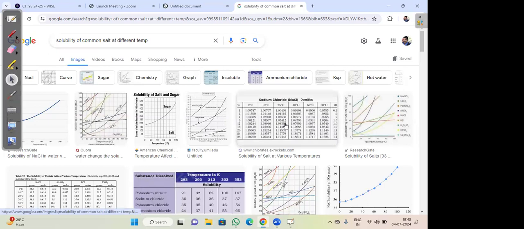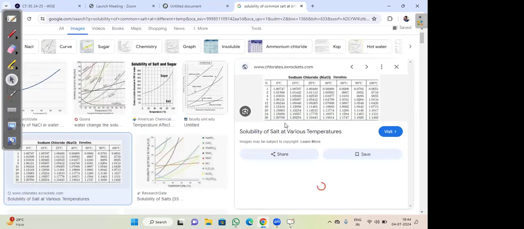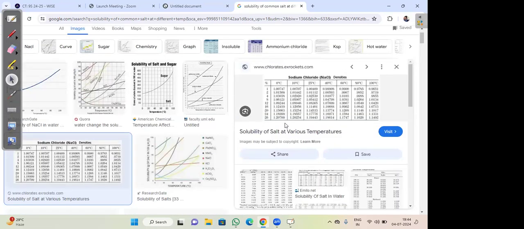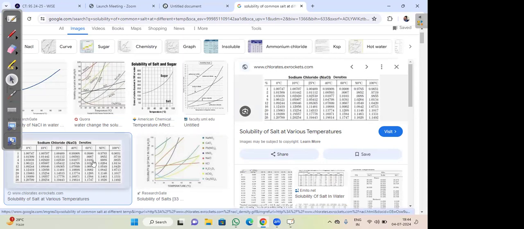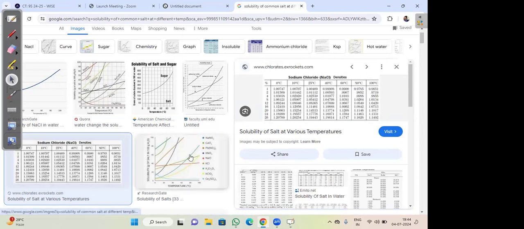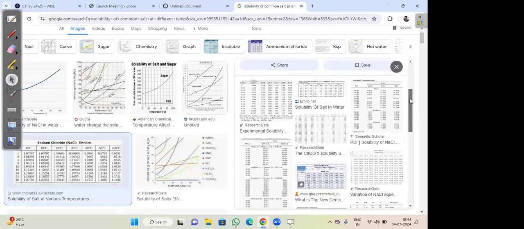So here, this table gives you the amount of sodium chloride that dissolves at different temperatures. If you increase the temperature, the amount of sodium chloride dissolved increases. Just one minute, let me get a proper value.